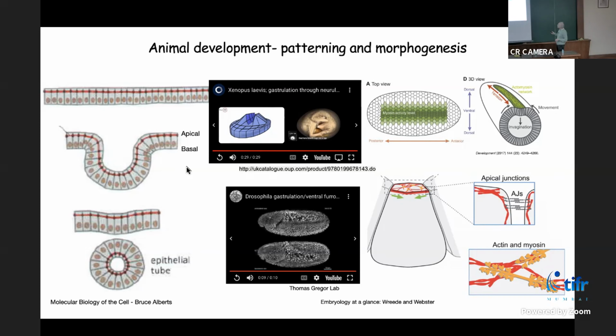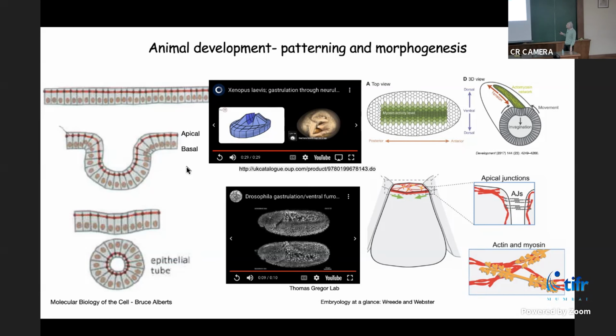Something very similar happens here. You will see the changes in cell shape if you look at these cells from the top, in this surface view. These cells are really constricted, while these cells are elongated. And if you look at these in a section here, you will again see that the central cells are more wedge-shaped, because that's where you are having the constriction.